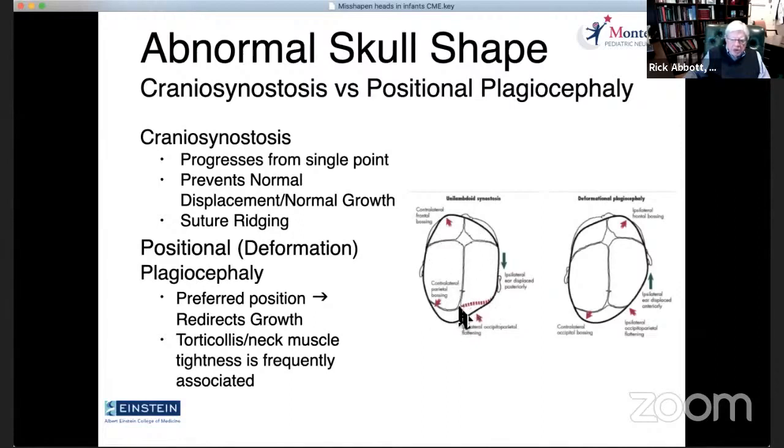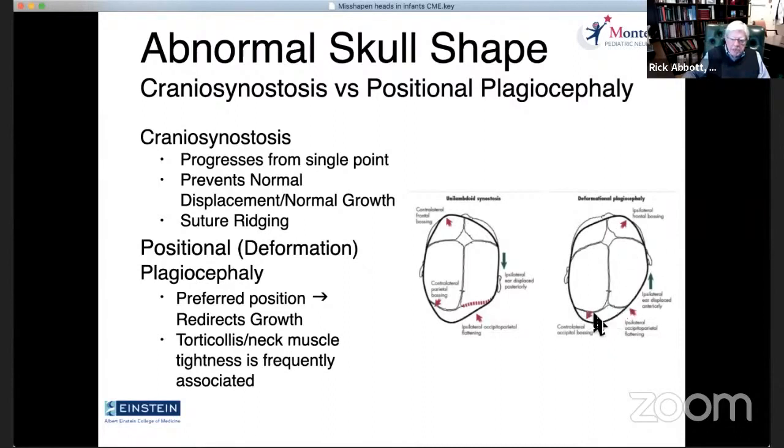So if one's talking about a posterior plagiocephaly or an anterior plagiocephaly, the deformation will tend to look trapezoid when viewed from above. In positional or deformational plagiocephaly, there's no limitation to the growth.